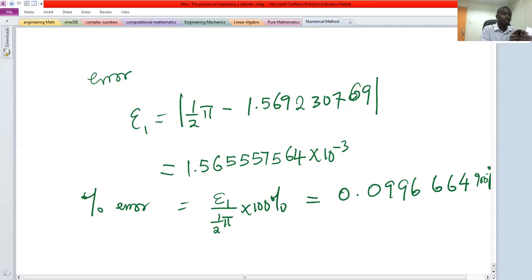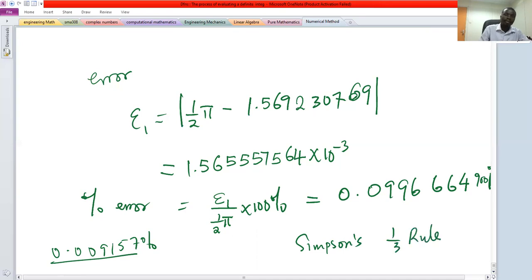For Simpson's one-third rule, when n was 6, the percentage error was 0.00917%. So this is smaller than this one, which shows that Simpson's one-third rule is still more accurate than Simpson's 3/8 rule, but Simpson's 3/8 rule is more accurate than the trapezoidal rule.